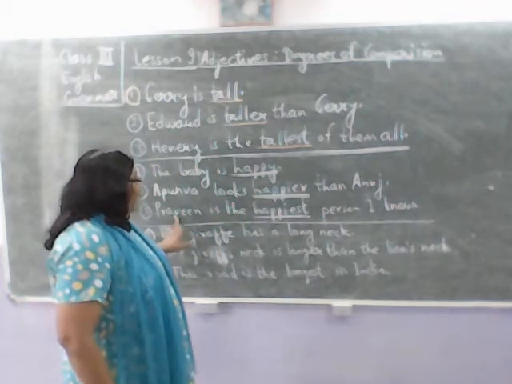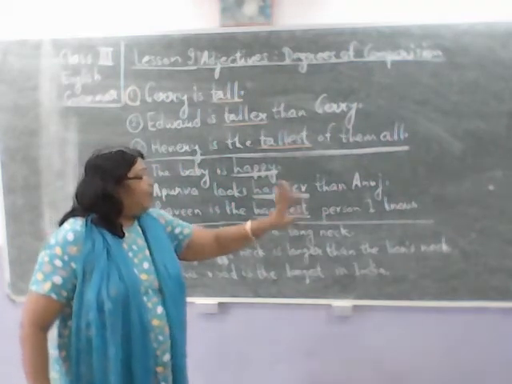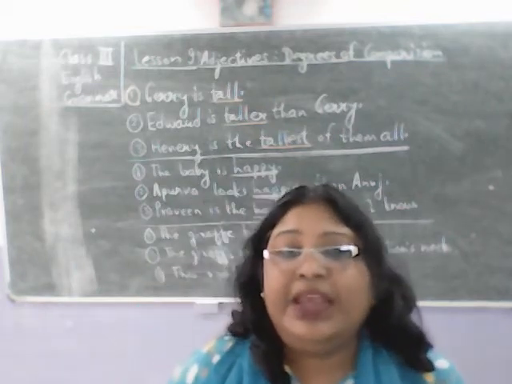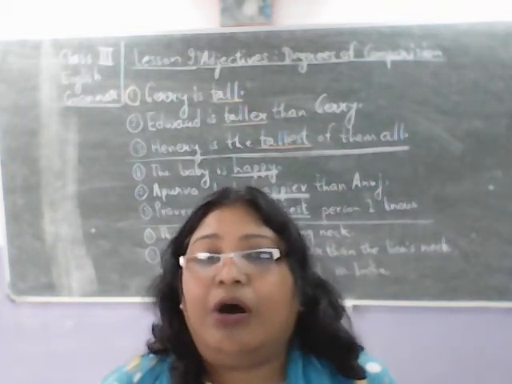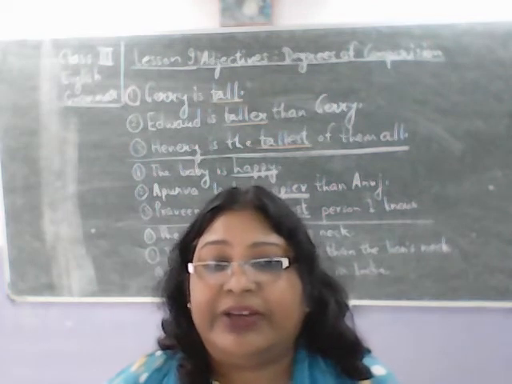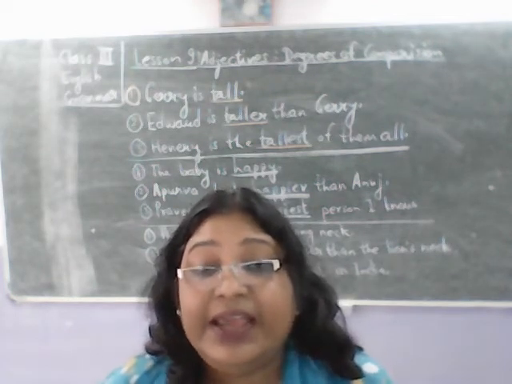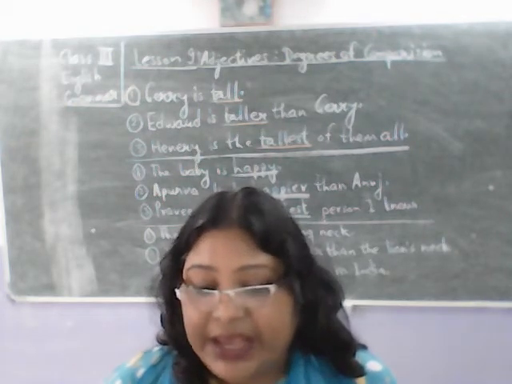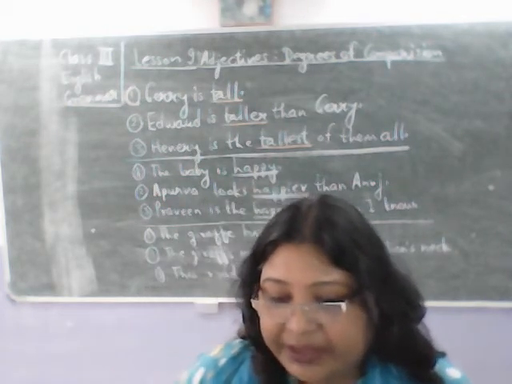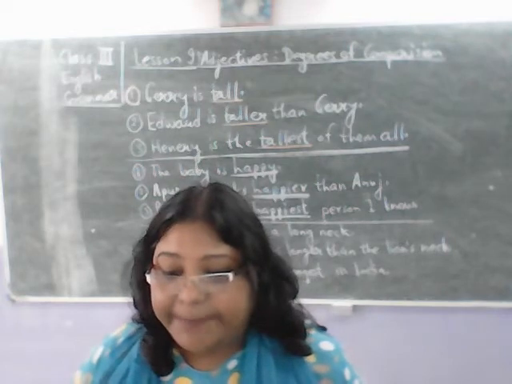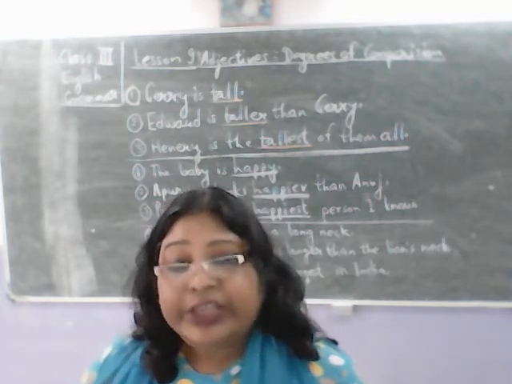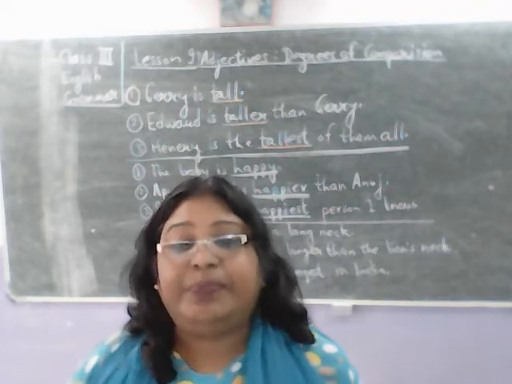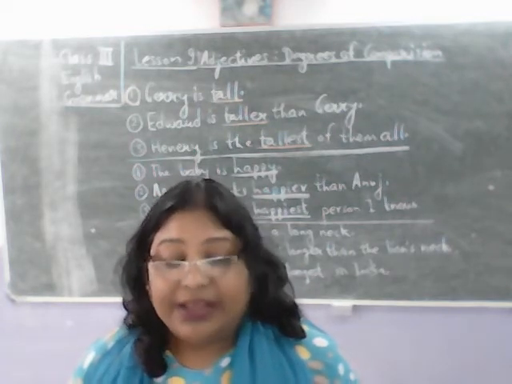Now, Praveen is the happiest person I know. So you are comparing Praveen with all, and you find that he is the happiest person of all. So in this way, in the third form of the adjective, we compare more than two things.